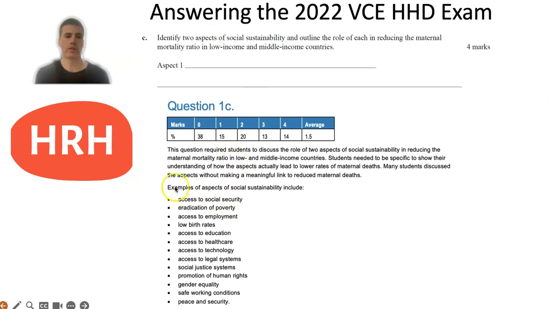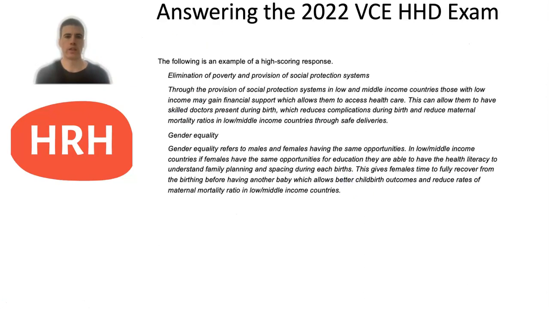So you can see here there's a huge range of different examples of social sustainability you could have chosen from. And so you could have chosen things like eradication of poverty, low birth rates, access to education, technology, legal systems, and the list goes on. And you needed to make sure for whichever of those that you chose, you're able to link them meaningfully to reducing maternal mortality ratio. So you can see here an example of a high scoring response.